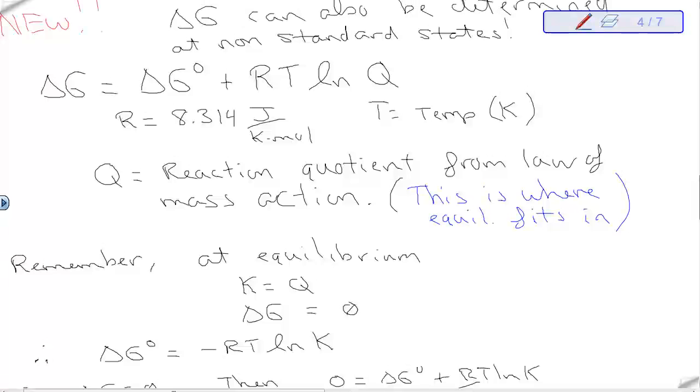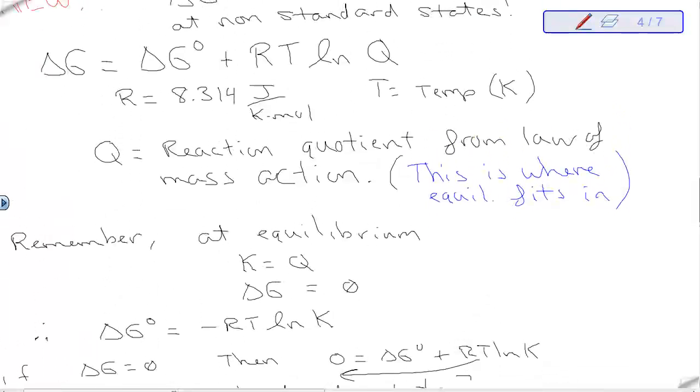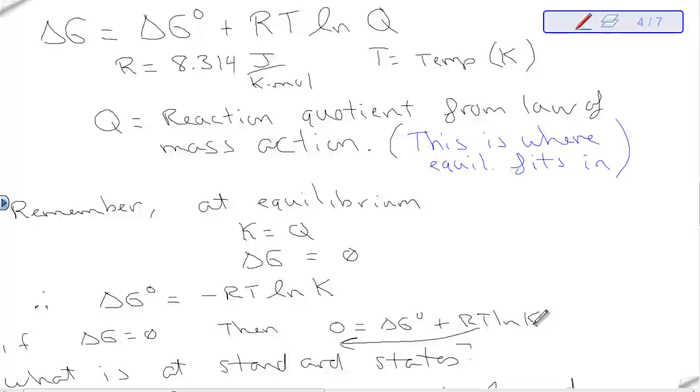Now that derivation is shown here. I don't want to get too far ahead. So remember, at equilibrium, delta G is 0. Then I just substitute into that equation at the top, and we rearrange, and we see a method of finding the equilibrium constant for a reaction mixture when we're not at standard states.